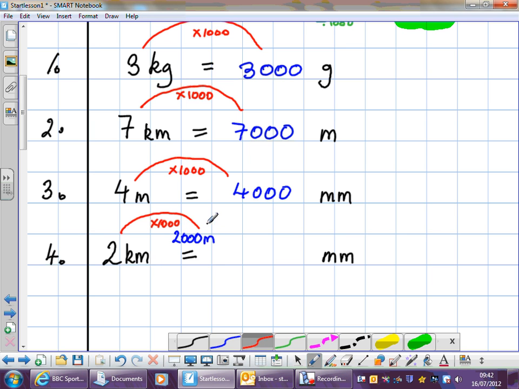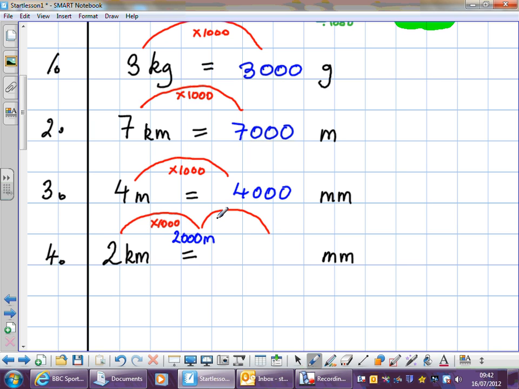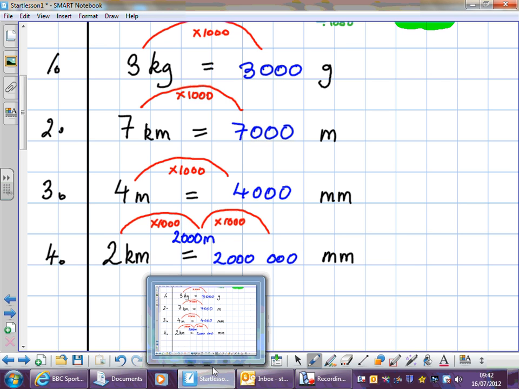So I have to times 1,000 again. If you're unsure about multiplying by powers of 10, then see one of our earlier videos. That gives us 2,000 times 1,000, or 2 million millimeters. The quickest step is to just multiply by a million, 1,000 times 1,000.